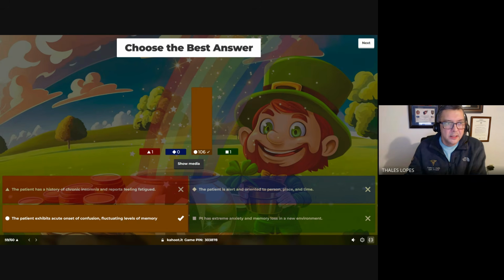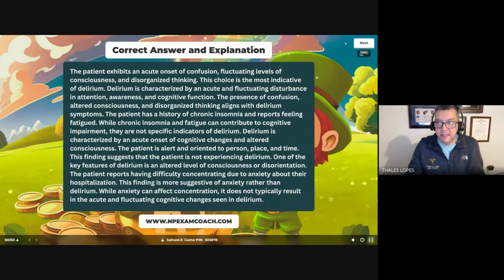All right. So basically, what do I really care about delirium? One, high mortality rate. Two, the definition: it is a change in mentation, level of consciousness. And three, do not give benzodiazepines unless the delirium is caused by alcohol withdrawal. That would be the only instance in which you would give a benzodiazepine. You do not want to make that patient more confused, right?